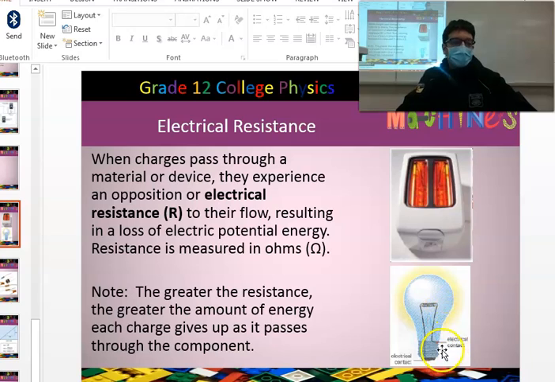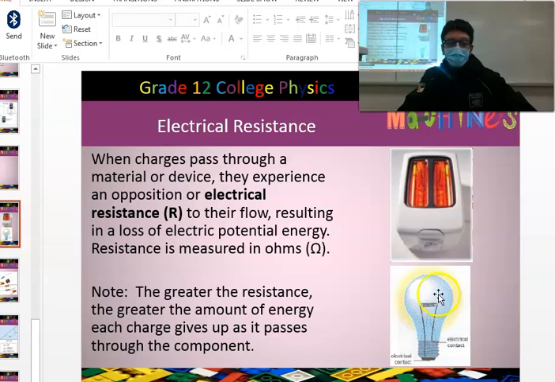Okay, but the same thing happens in an incandescent light bulb. An incandescent light bulb is made to have so much resistance that it reaches temperatures of over 1,000 degrees, so that it's so hot it glows, just like the element on your stove. But it's actually hotter than the element on your stove, because the element on your stove is only going to glow red.